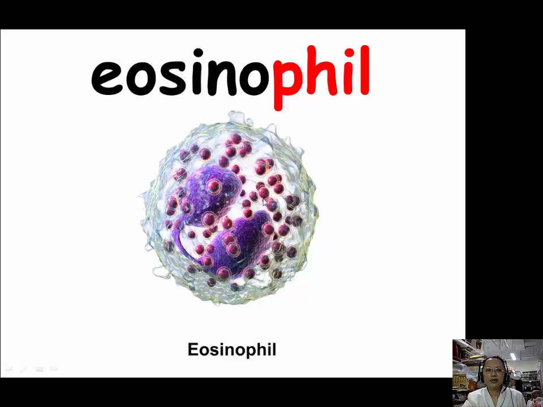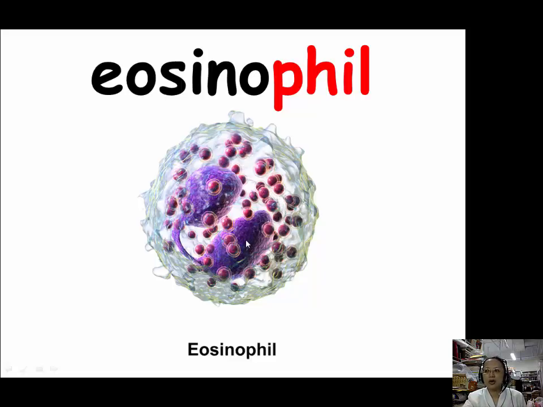Eosinophil. Eosinophil, as shown in this picture, is a granular leukocyte with a nucleus which usually has two lobes, two lobes connected by a slender thread of chromatin, and the cytoplasm containing coarse, round granules that are uniform in size.